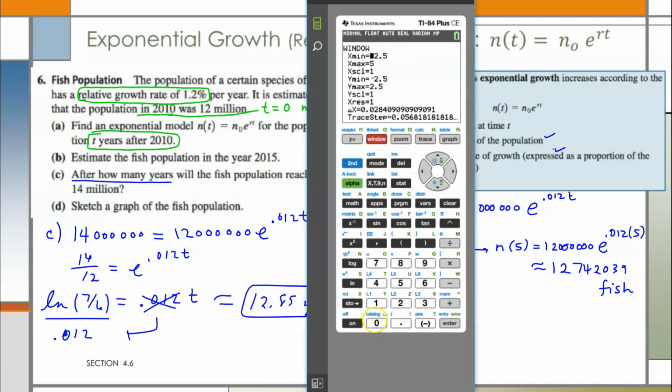So that gives us an idea of our window. I'm going to say 0 to, let's go to 20 in tick marks of 5 units. And then we'll start at 0. And actually that would be a little bit too small. If we're already up at 12 million initially, maybe we better start at, let's say, 10 million.